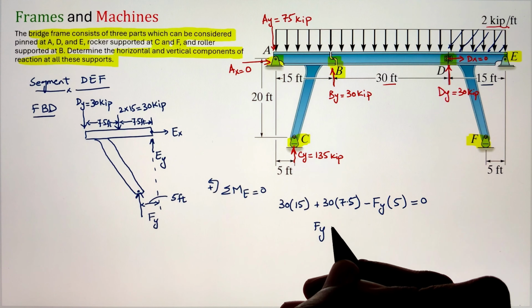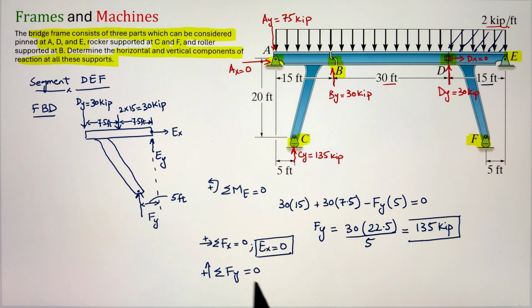Next, we can go ahead and apply our summation of forces along the horizontal x direction. Again, in this case, we just have one force acting along the x direction, that is Ex. So the value of Ex is equal to 0. Whereas once we apply our summation of forces along the vertical y-axis equals 0, taking forces pointing upward as positive, I have my Dy value of negative 30 as it is pointing downward.